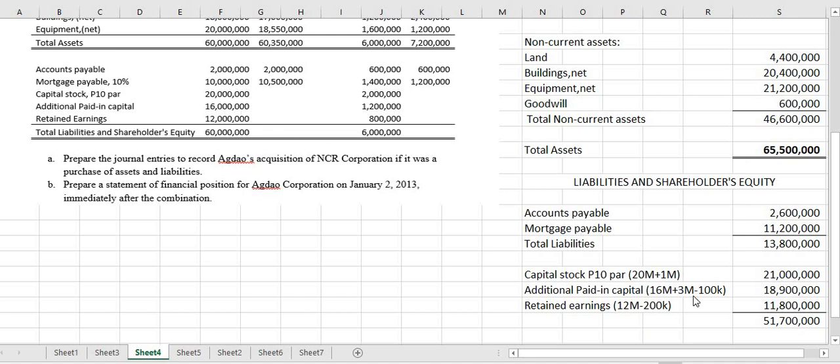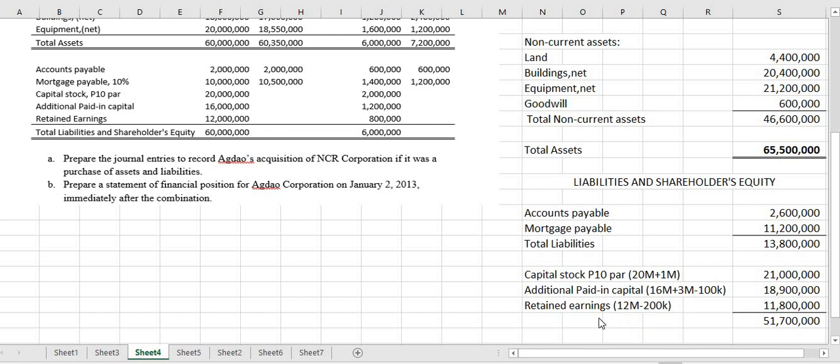So there is an excess of 3 million. And also, the 100,000 stock transaction cost is debited to additional paid-in capital, so it will reduce the additional paid-in capital. So the additional paid-in capital is 18.9 million.